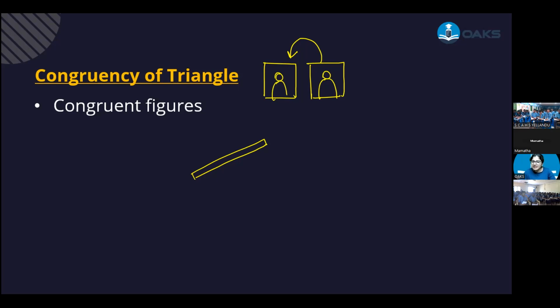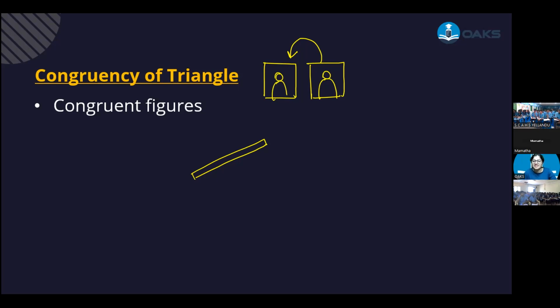Now, can you tell me any more examples of congruent figures? I have given you many, right? Anyone can think of congruent figures? You have to help me. I can think of only three examples. Coins, great.